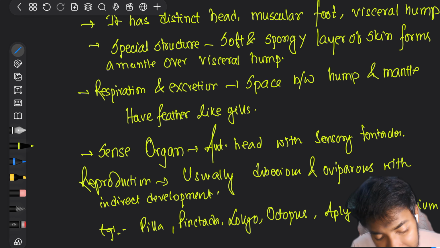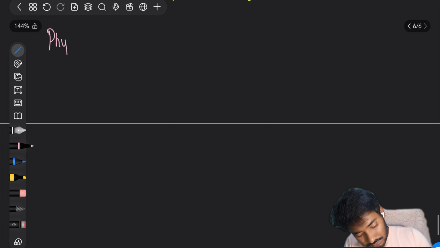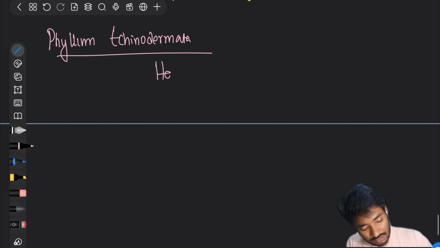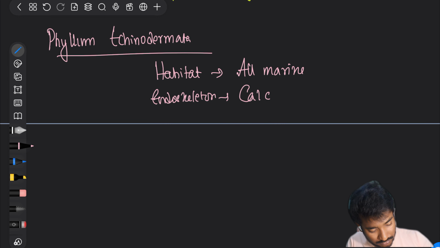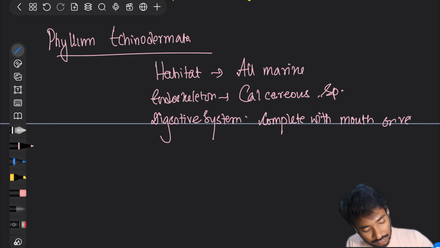Okay. So next come to the phylum Echinodermata. Habitat: all marine. Endoskeleton: calcareous ossicles. Digestive system complete, with mouth on the ventral, lower side and anus on the dorsal, upper side.